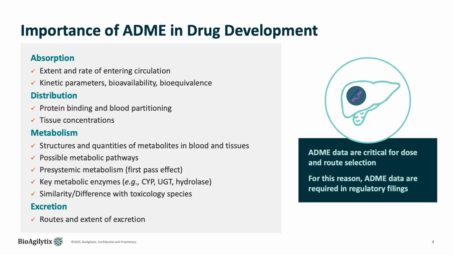Some examples of ADME data are, for absorption, measuring the extent and rate of the drug entering circulation, as well as kinetic parameters, bioavailability, and bioequivalence. For distribution, some of the parameters are protein binding and blood partitioning. Tissue concentrations are also included in distribution.